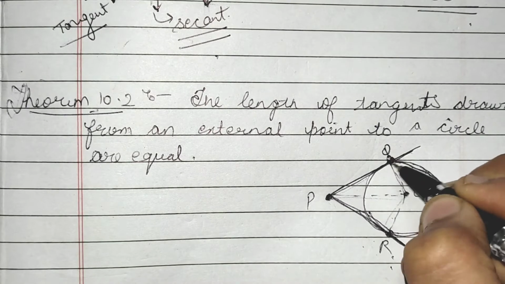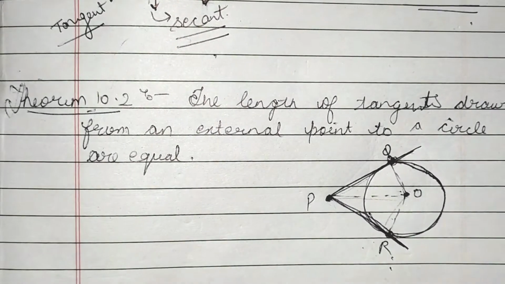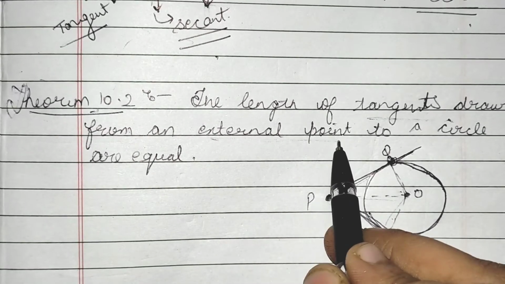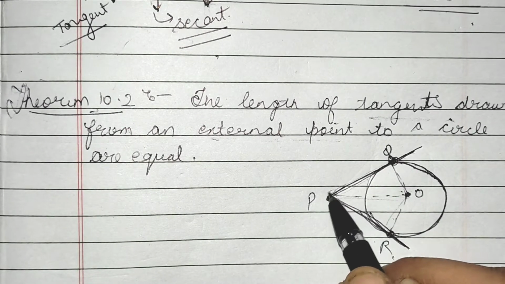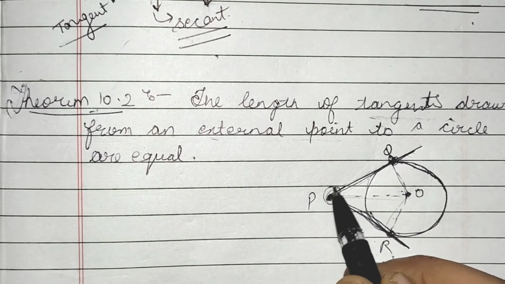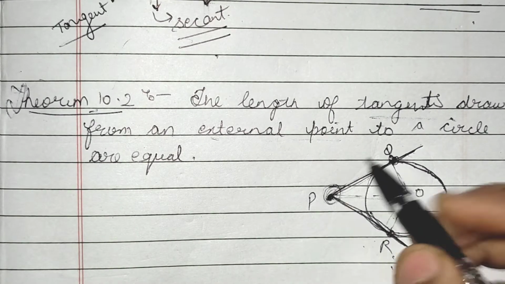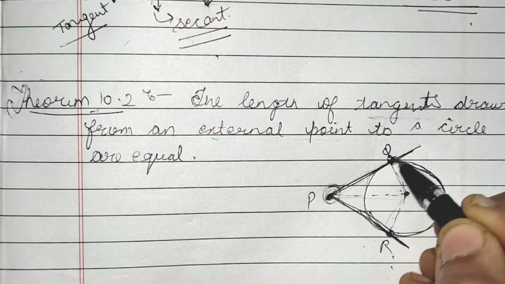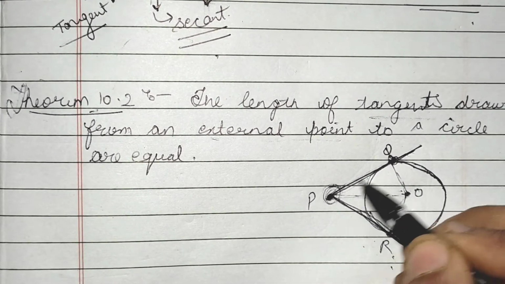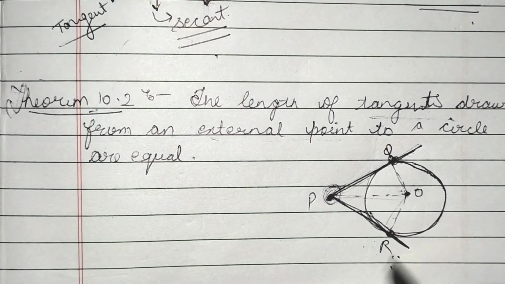So let's say this point is Q and this point is R, and these tangents are drawn from a single external point. External point means the point which is outside the circle. So this point P is outside the circle, and from this point P two tangents are drawn, which are named PQ and PR.